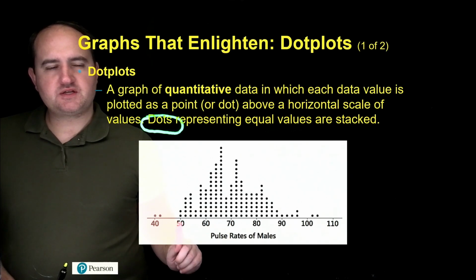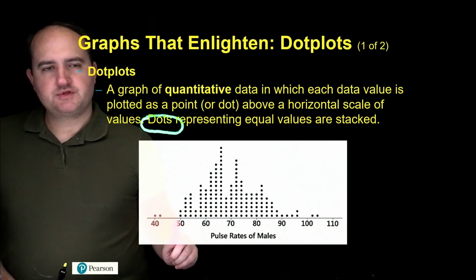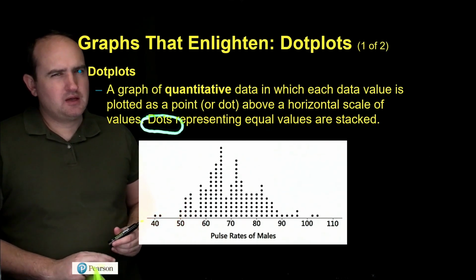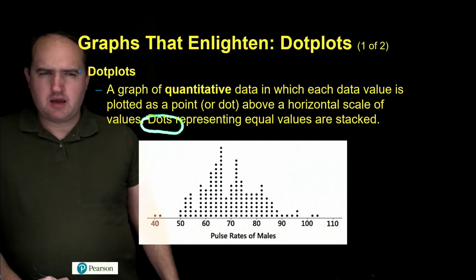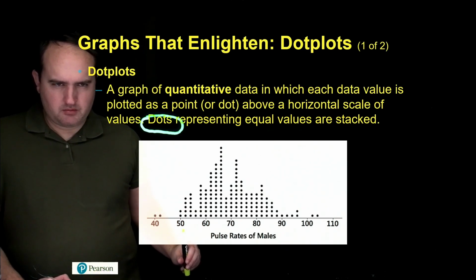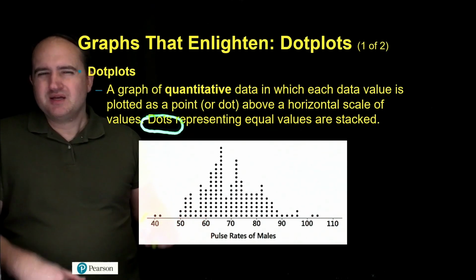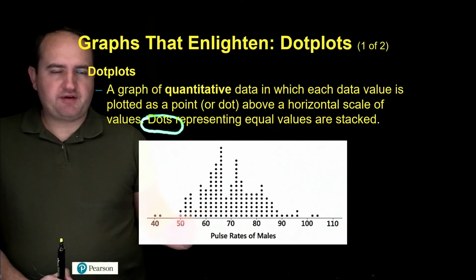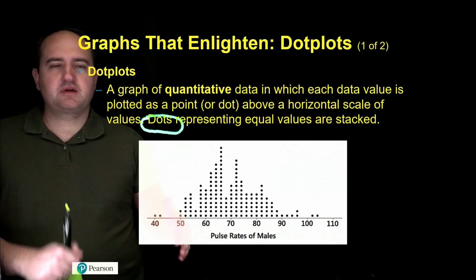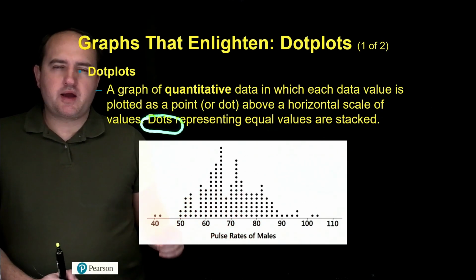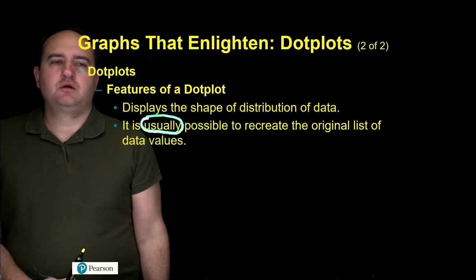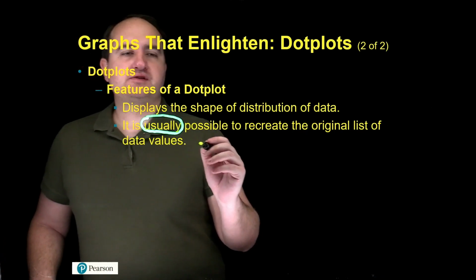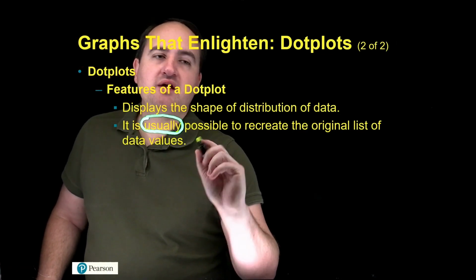Like, these two are supposedly 50, and then these 5 here are supposedly 52, but then I'm just wondering, if someone had a heart rate of 51, would they round it up or round it down? So as you can see, you can figure out roughly what the original data values were, but if they do things like this where they're counting in twos or counting in fives or whatever, you might not be able to get the exact original data values. So it's usually possible to recreate the original list of data values, at least roughly speaking.